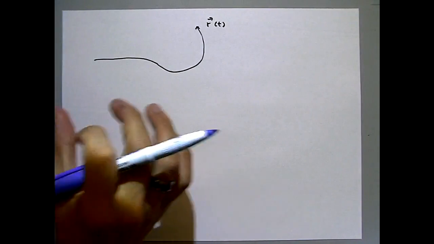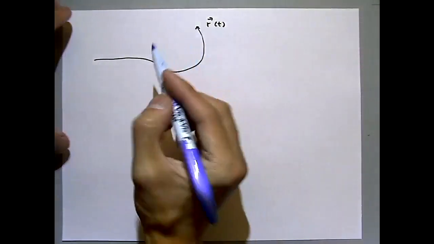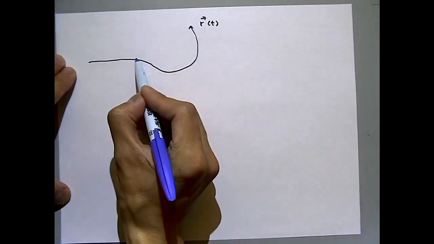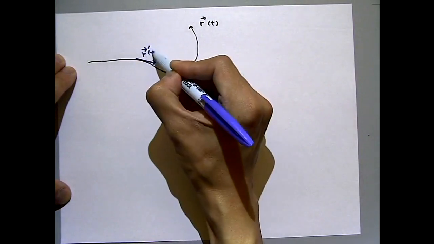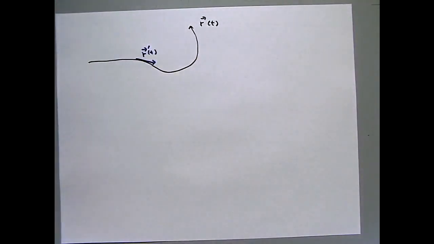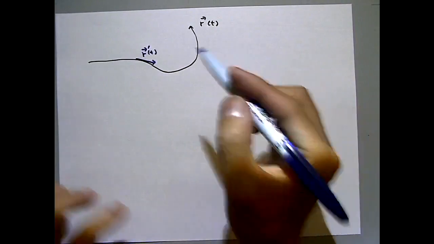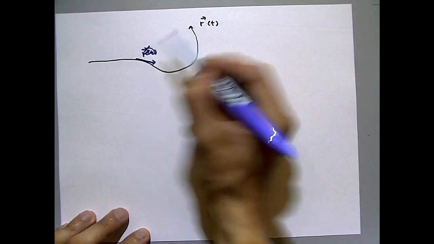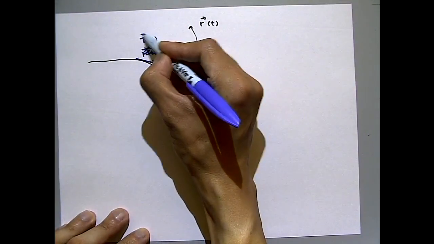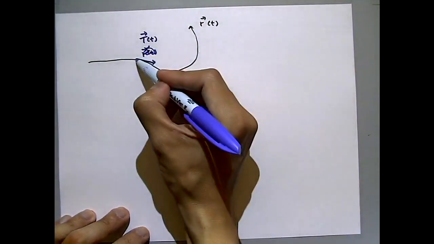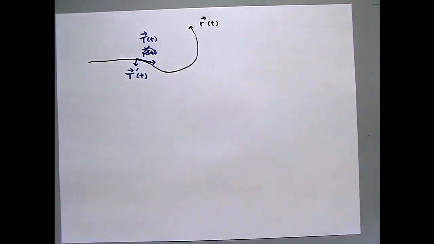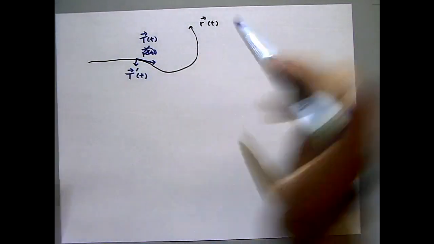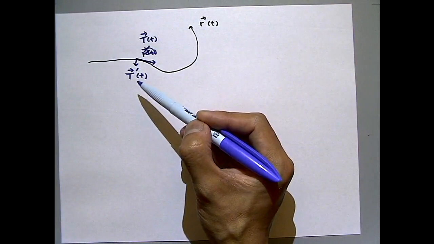Now notice that on a less curvy section, let's say right here, let's use capital T. On the less curvy section of the space curve, T is not changing too much. So we expect T prime to be a small magnitude vector.